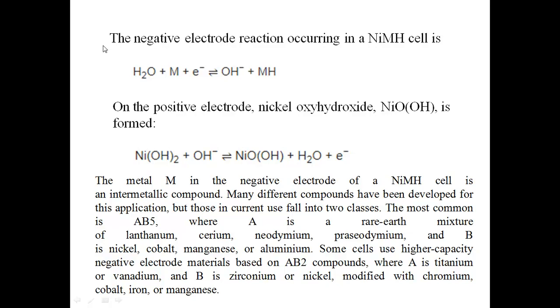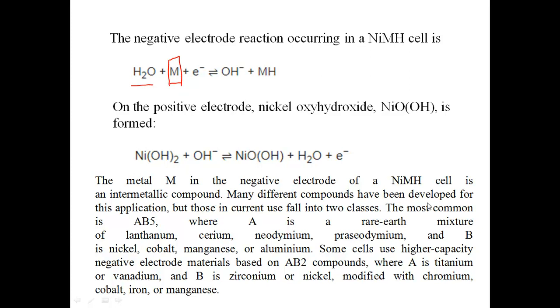We'll go to the chemical equation. So the anode reaction is like this. The water in the electrolyte, that is aqueous solution of nickel hydroxide, the water from this electrolyte reacts with the M. M here is an intermetallic compound.